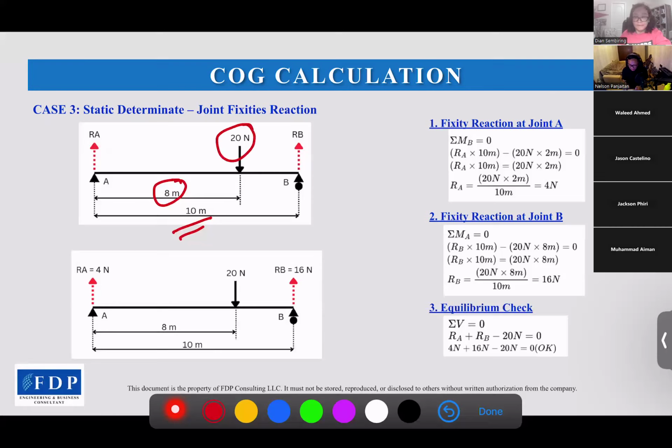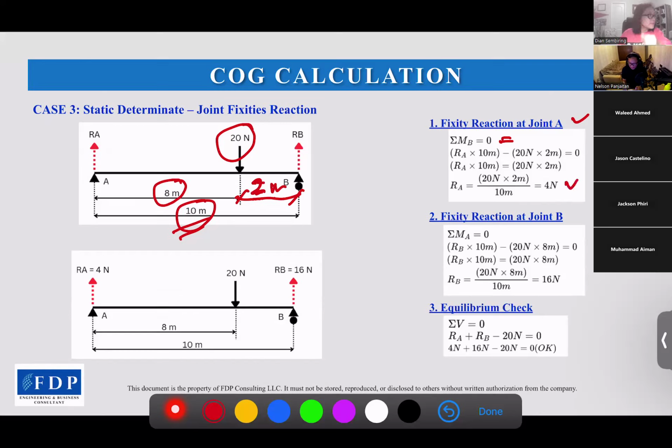We want to get the joint reaction at A, so we use total moment at B as 0. The moment acting on B will be RA, or reaction at joint A, times 10 meters minus 20 Newton times 2 meters, 2 meters here. And then we get RA is 4 Newton.